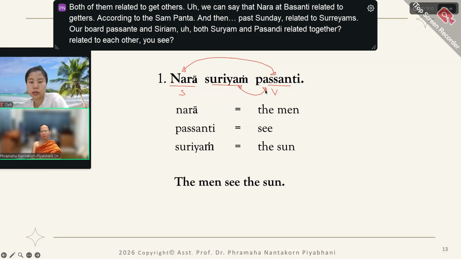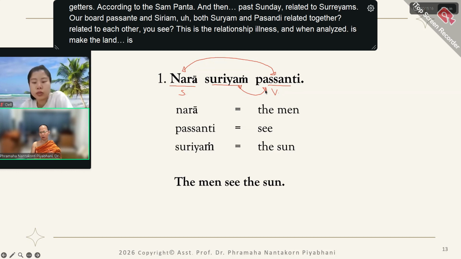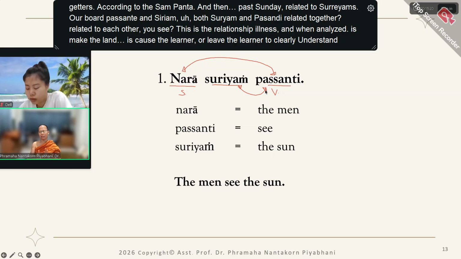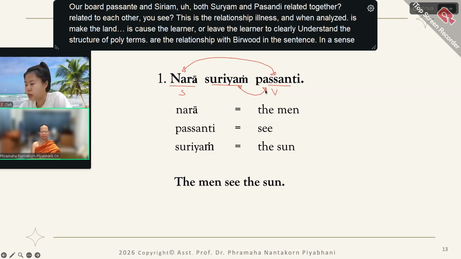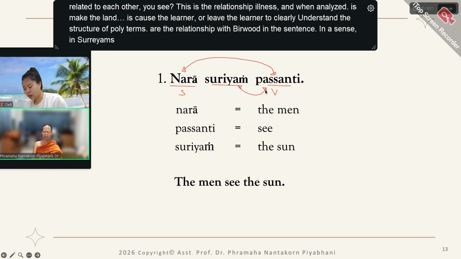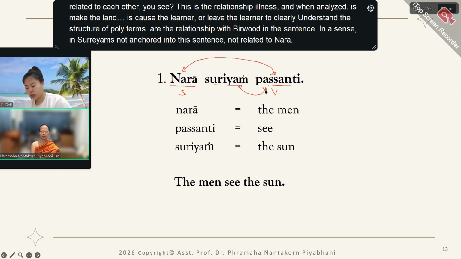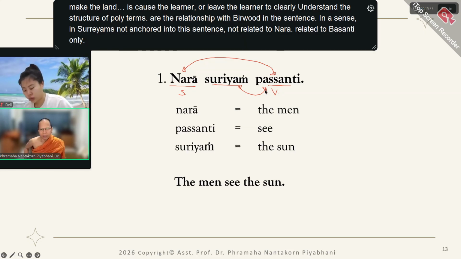You see, this is the relationship in the sentence when analyzed. It leads the learner to clearly understand the structure of Pali terms, the relationship word by word in the sentence. Suriyam is not related to Nara, it is related to Pasanti only.